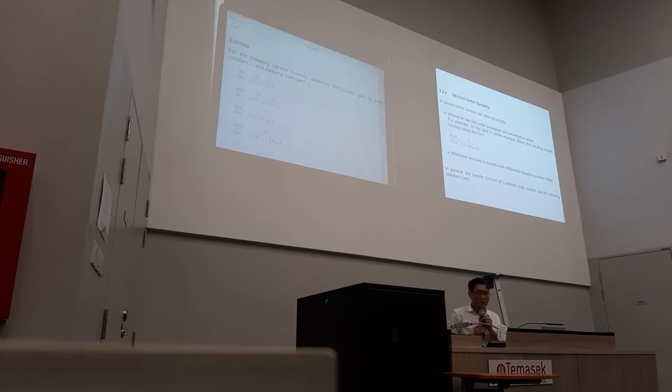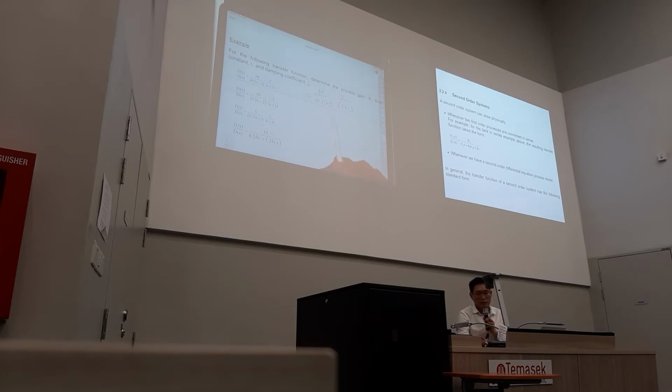Over here, the example we have is the following transfer function. Determine the process gain K, time constant, and the damping coefficient. So what we have here is G and D. G refers to output, D refers to input, which is the disturbance. This is equal to 10 divided by (0.5 s plus 2) multiplied by 2 divided by (s plus 1).